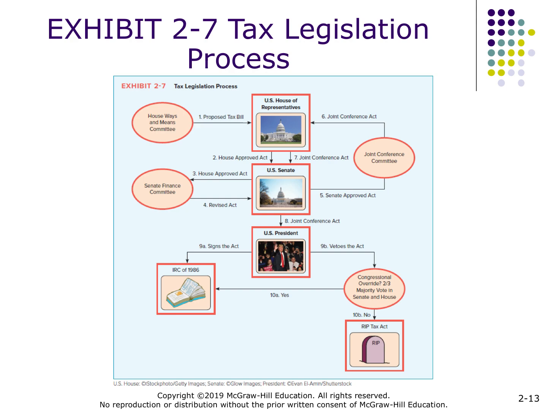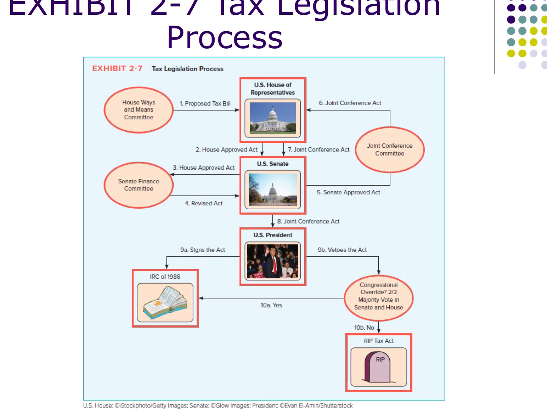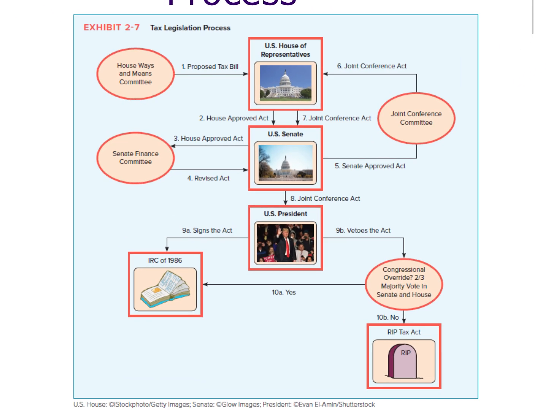All right. This again is directly from your book. It is the tax legislation process. It's important to know how tax laws begin. Well, they begin with a proposed tax bill in the House Ways and Means Committee.